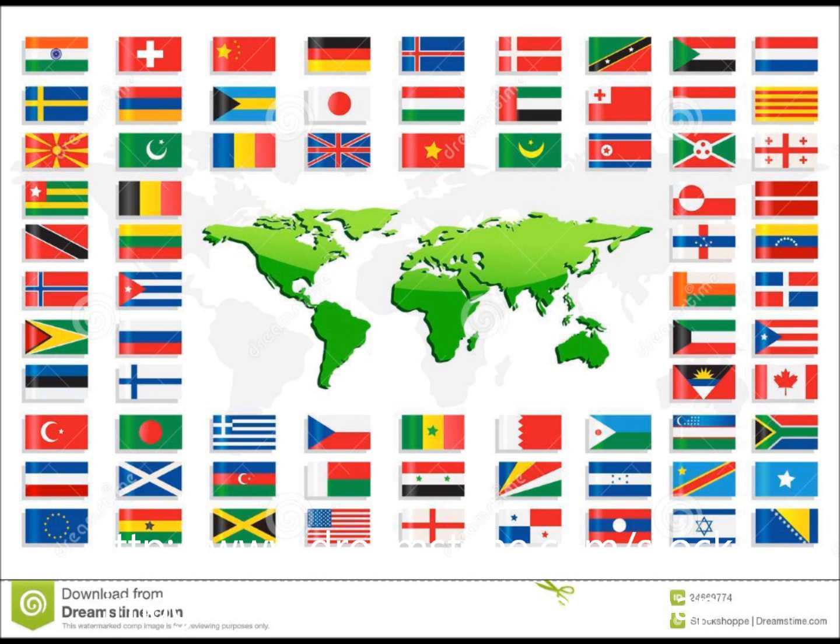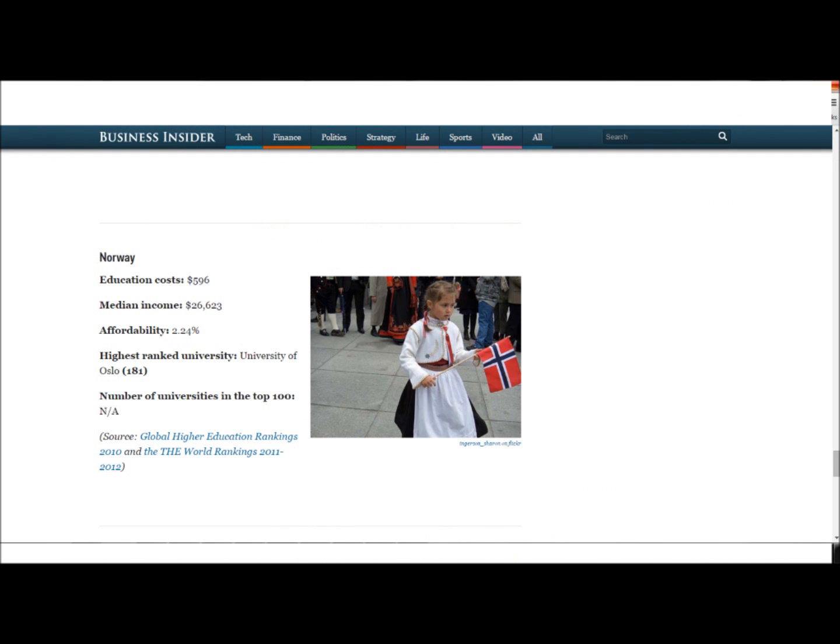Business Insider created a list comparing the average cost of education in 15 other countries. The list also compares median household income and affordability. However, I'm only going to point out 7 of these countries instead of the full 15. Here's Norway.